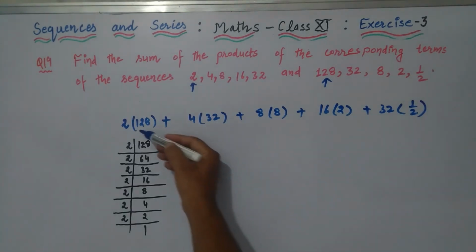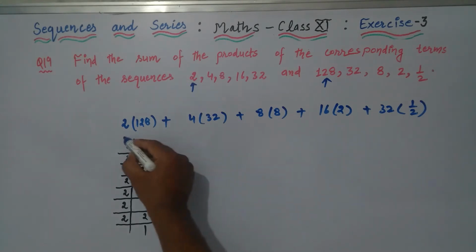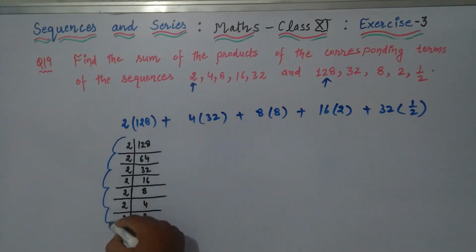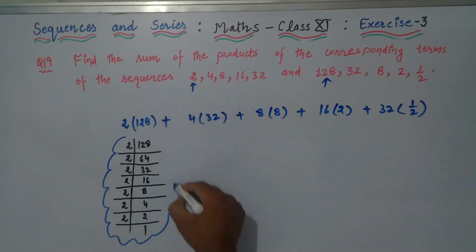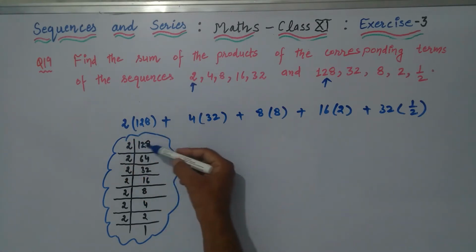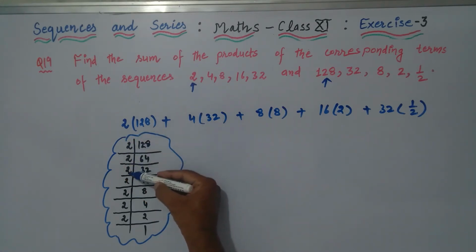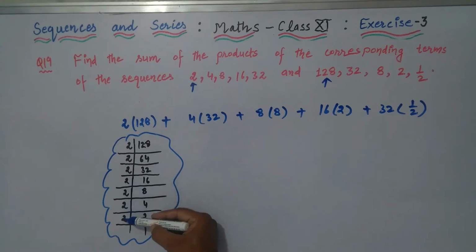Now what is 128? Prime factorization is like this: 128 means 2 raised to power 7.